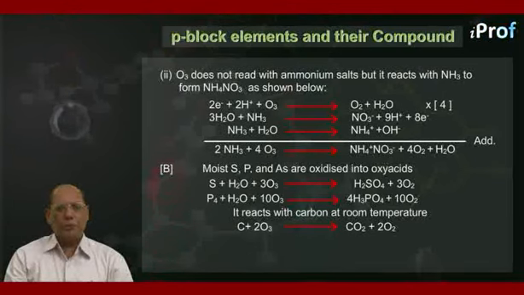Similarly, P4 + 6H2O + 10O3 react to give 4H3PO4 + 10O2. It reacts with carbon at room temperature according to the reaction C + 2O3 giving CO2 + 2O2.